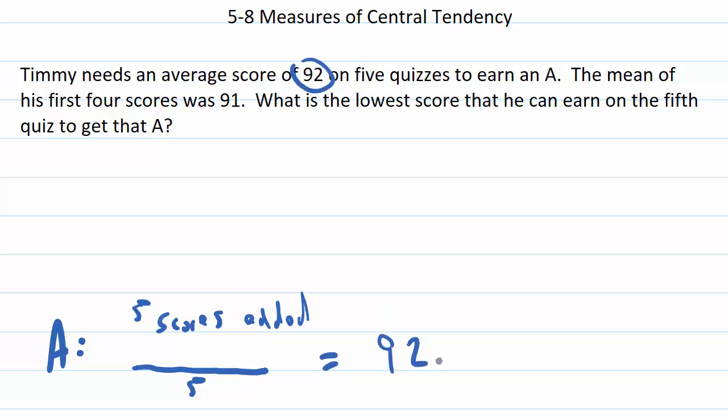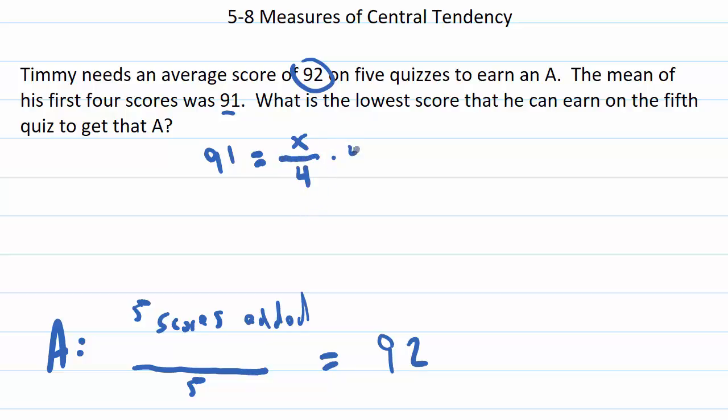Well, he's got 4 quizzes already, so what score does he have already? He's got 4 out of these 5, and I can calculate exactly how much that is, because the mean of the first 4 was 91, and that comes from adding the sum of the first 4, I don't know what that is, we'll call it x, divided by 4.